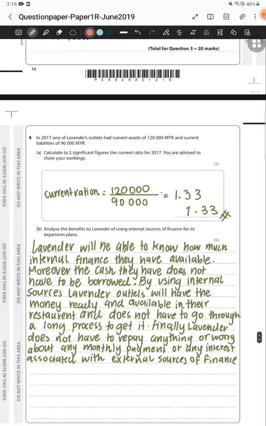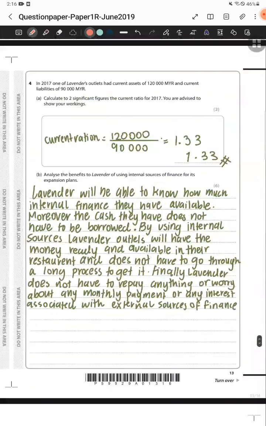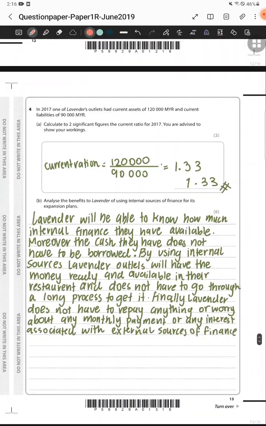Alright, I believe, hold on, yep, our last question. In 2017, one of Lavender's outlets had current assets of 120,000 ringgit and current liabilities of 90,000 ringgit.